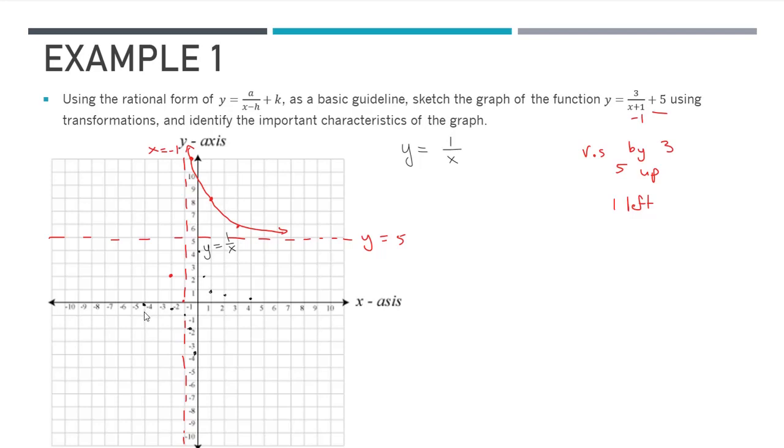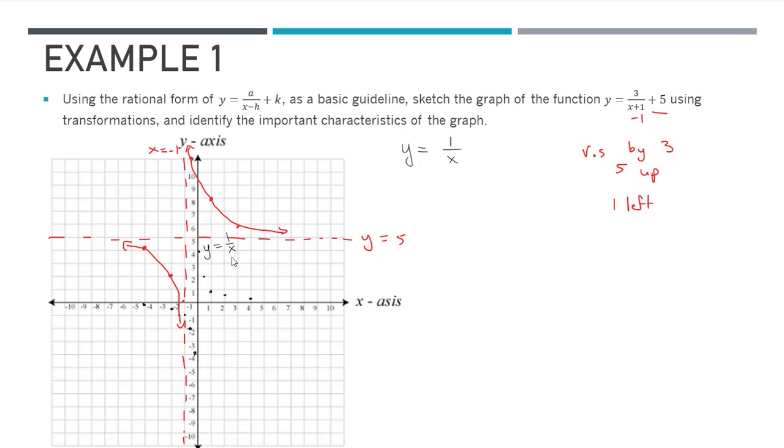So we get -0.75, and then move up 5. So we're seeing the same kind of thing. It's going to approach the asymptote. And then we'll pick this -2. So times 3 is -6, up 5 is -1. Move over left 1. And we're just looking for the general trend.